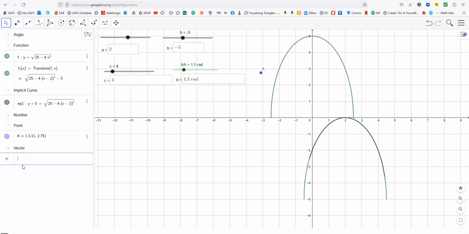Let me just type it in again. y plus 5 equals the square root of 25 minus 4 times (x minus 2) squared.